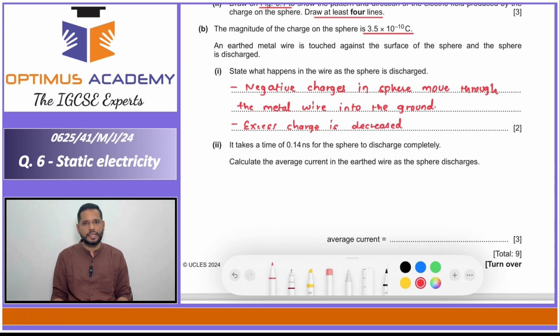Okay, so as the excess charge is decreased, again we can say the sphere is going to be neutral.